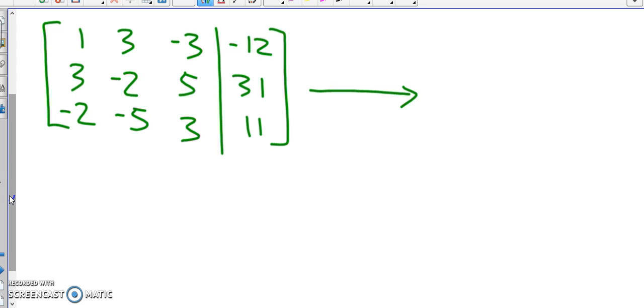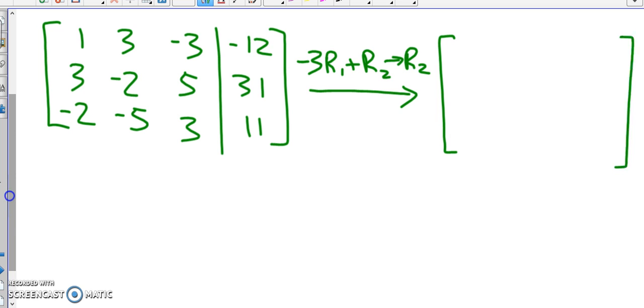Now what? Yeah, I have to get a 0 where the 3 is and a 0 where the negative 2 is. So how do we get a 0 where the 3 is? Negative 3 row 1 plus row 2 into row 2. So let's do that.